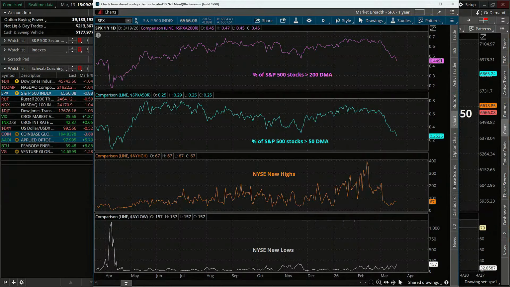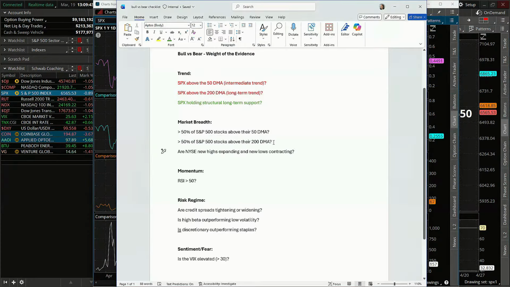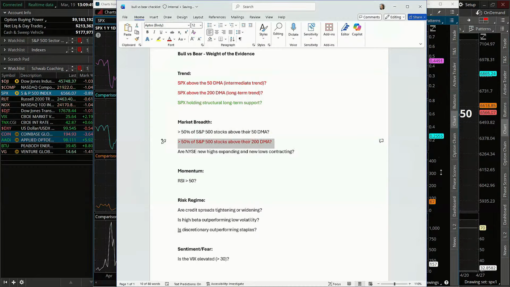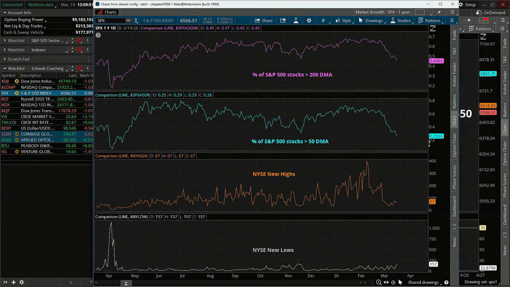So if we kind of look here, that is one that we can mark off as red on our list, because we have less than 50% of stocks above the 200-day moving average. So I'm going to pull that back up here again. We're going to check that one off the list, give it a little red color there, and let's look at the 50-day moving average.